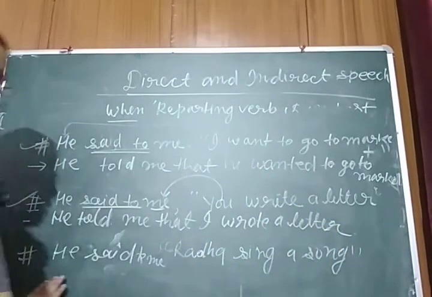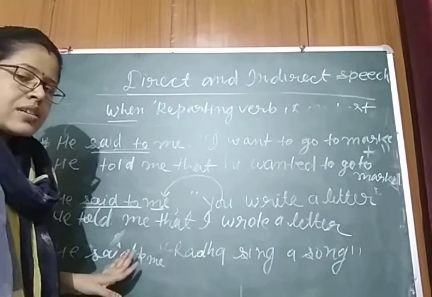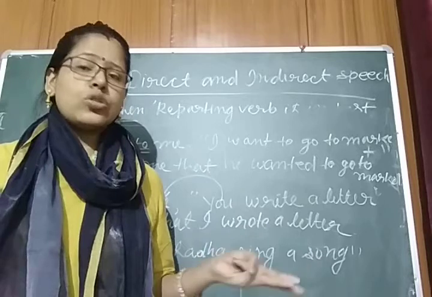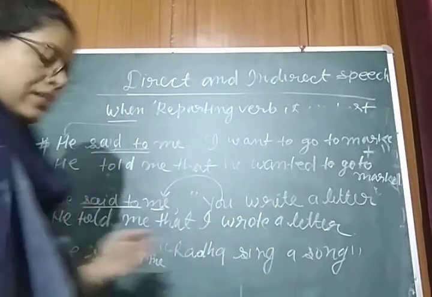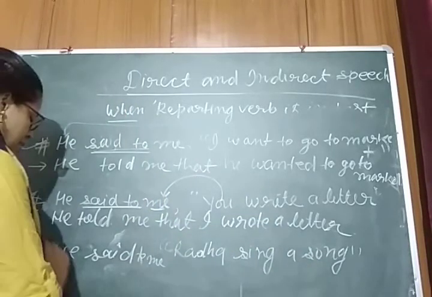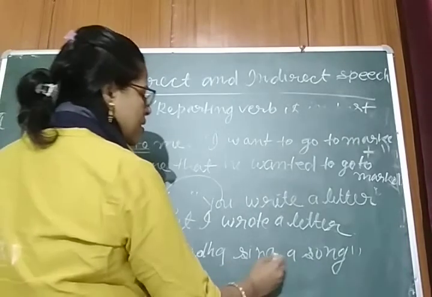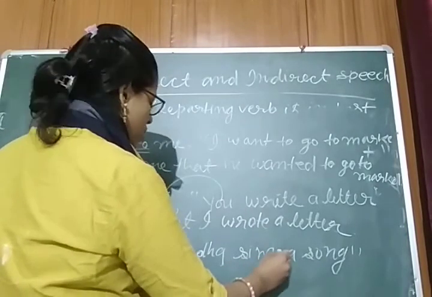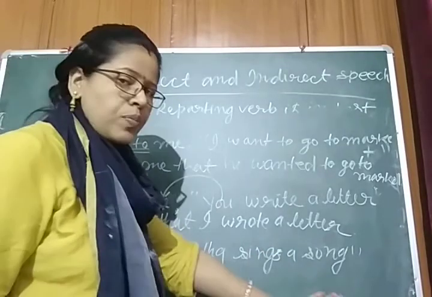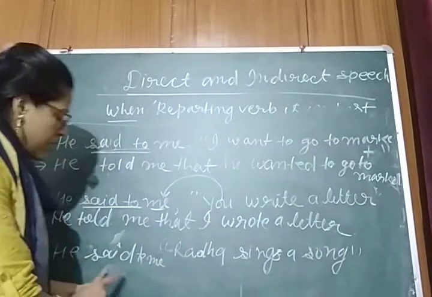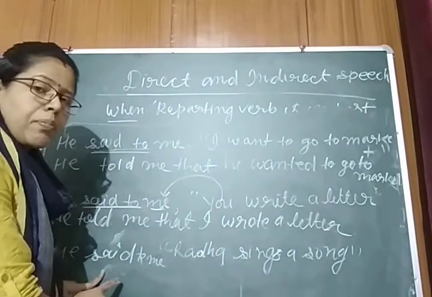Now come to another sentence. You can see here how I am utilizing all those three tables in the sentence. The third sentence I have taken here: He said to me, "Radha sings a song." This is also an example of simple present tense, and here the reporting verb is given in the past tense.